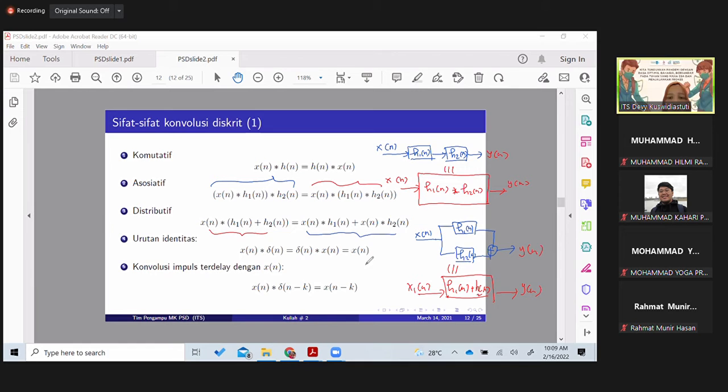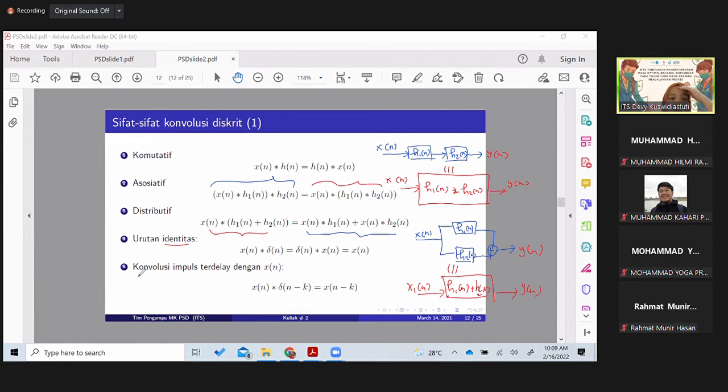And that would be equal to x[n], because any signal convolved with δ[n] will be the same because of the identity property.